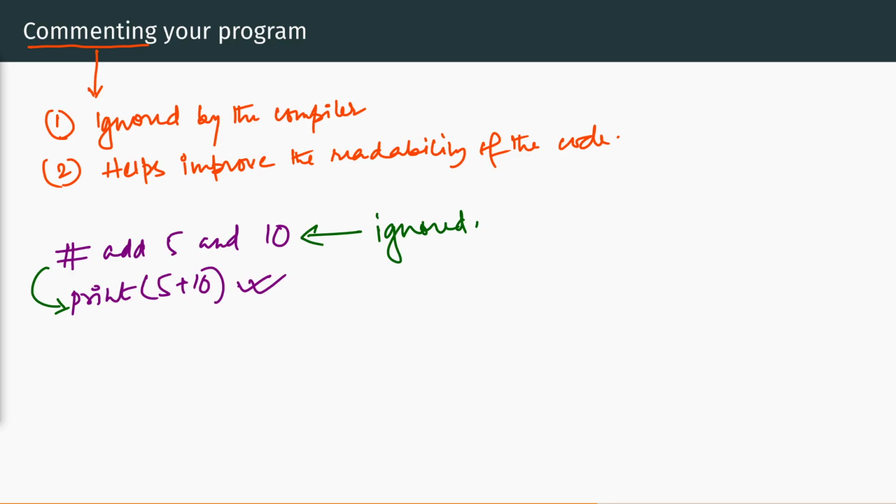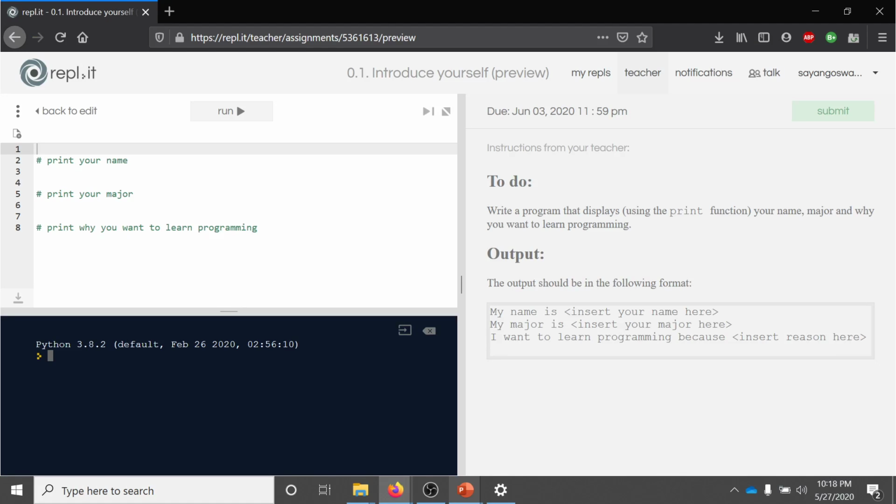With that, let us check out the first assignment. You should have already gotten a Replit link by now. Use that link to enroll in this course, and you'll find the assignment named Introduce Yourself.